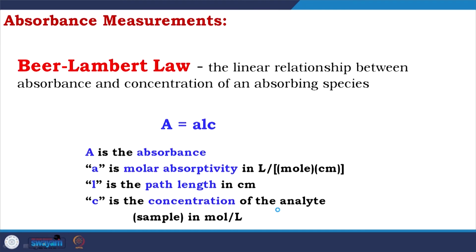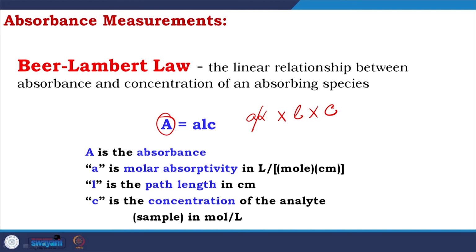So, as per the Beer-Lambert law, there is a linear relationship between absorbance and concentration of an absorbing species: absorbance A equals alpha times L times C. A is the absorbance, and the molar absorptivity, as I told, could also be called alpha or epsilon, in liter per mole centimeter.